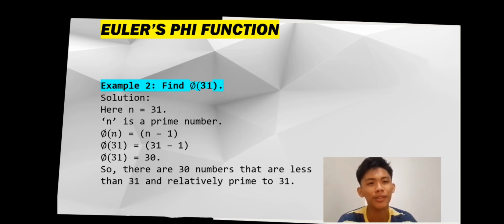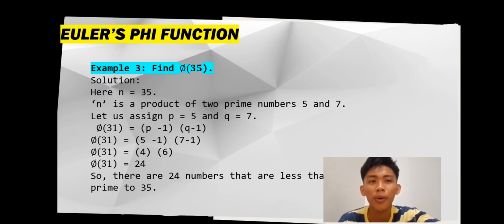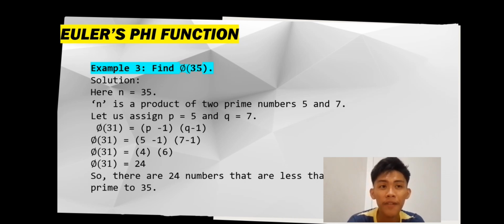And now let's proceed to another example. In our third example, find phi of 35. In this example, class, we can use the second case, where we use the formula p minus 1 times the quantity of q minus 1.